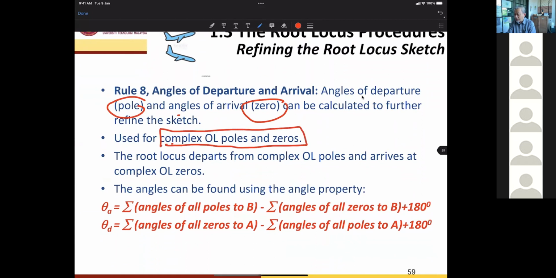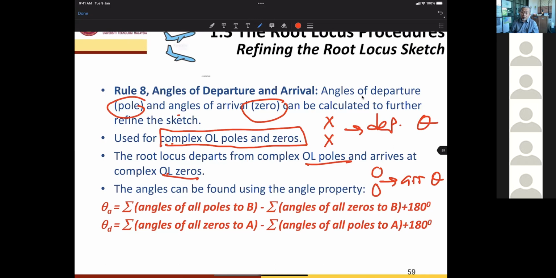If there are complex conjugate poles, it refers to the departure angle, but if complex conjugate zeros, it refers to the arrival angle. The root locus departs from complex open loop poles and arrives at complex open loop zeros.